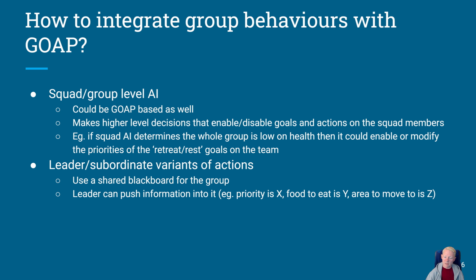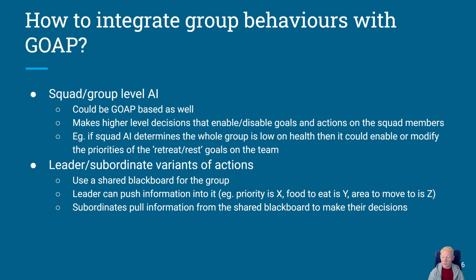So they're using that for essentially dictating what the tactics are that the subordinates are going to follow. And those subordinates pull information from that for making their decisions. It's a very different approach in that it's centralized rather than decentralized.